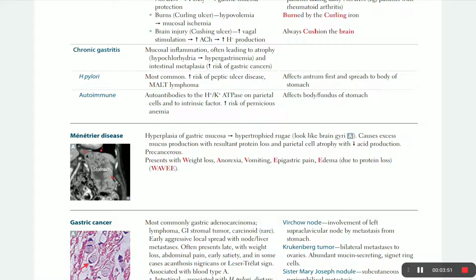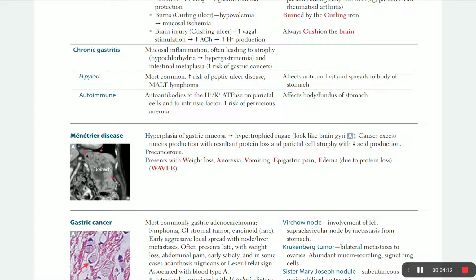We have two common causes, or the commonest causes, for chronic gastritis. It's H. pylori and autoimmune causes. H. pylori is the most common cause because it increases the risk of peptic ulcer and MALT lymphoma.